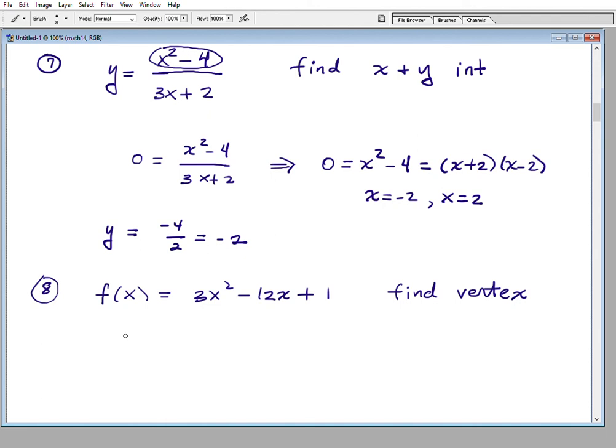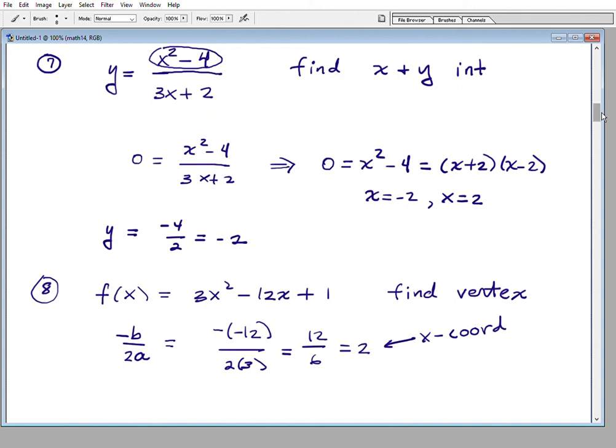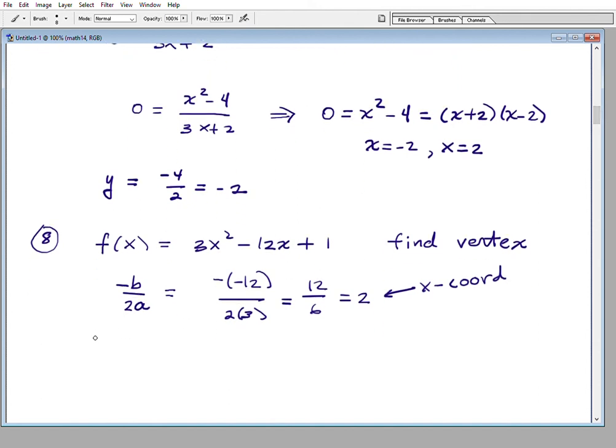Remember for the vertex, we have this little formula, minus b over 2a. That's for the x value. So minus b, that would be minus 12 over 2 times 3. So we have 12 over 6, so 2. That's the x coordinate for the vertex. Now for the y coordinate, we just substitute in: 3 times 2 squared.